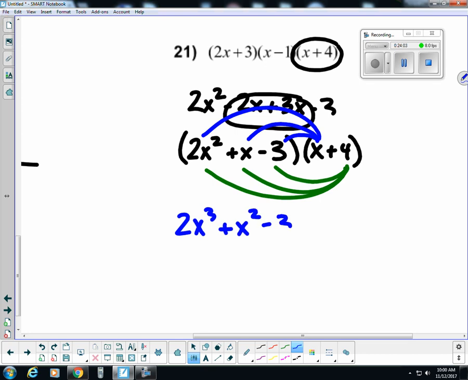Negative 3 times x is negative 3x. And then with the 4, 4 times 2x squared is 8x squared, so that goes in this column. And then I've got 4 times x, so that's 4x. And then negative 3 times 4, which is negative 12.